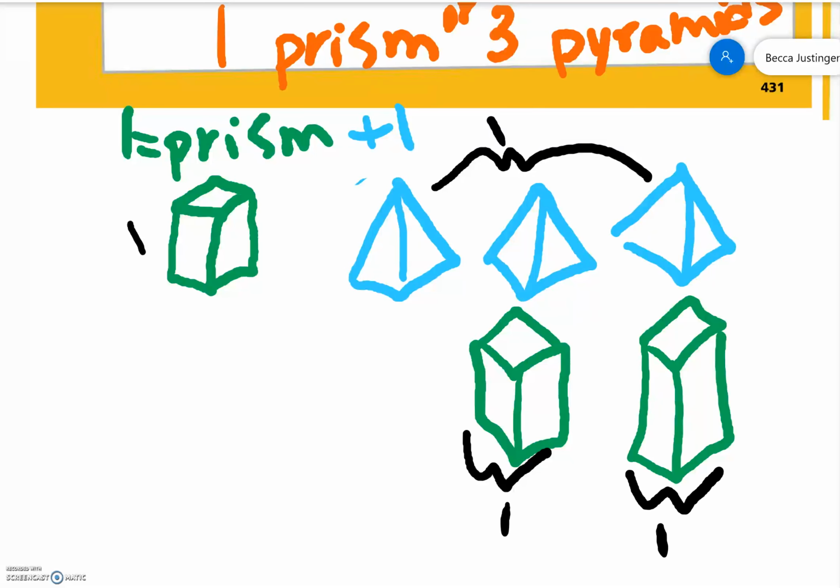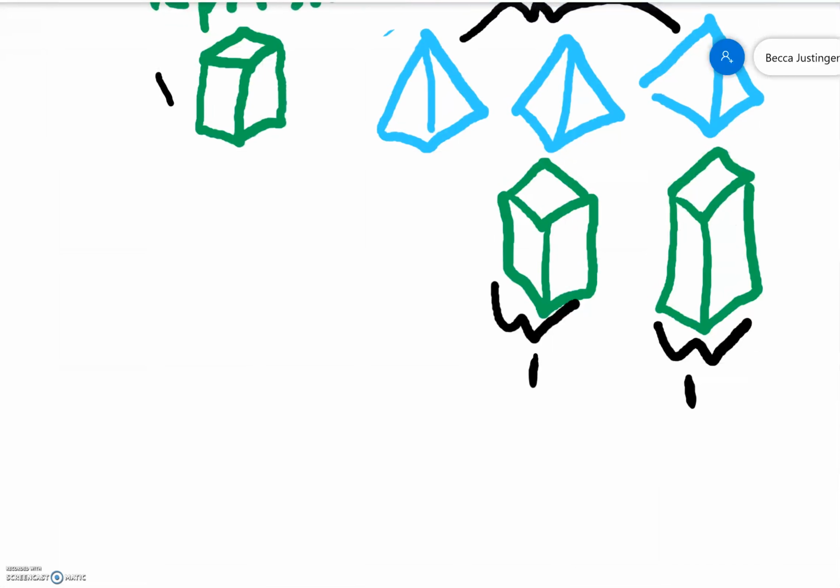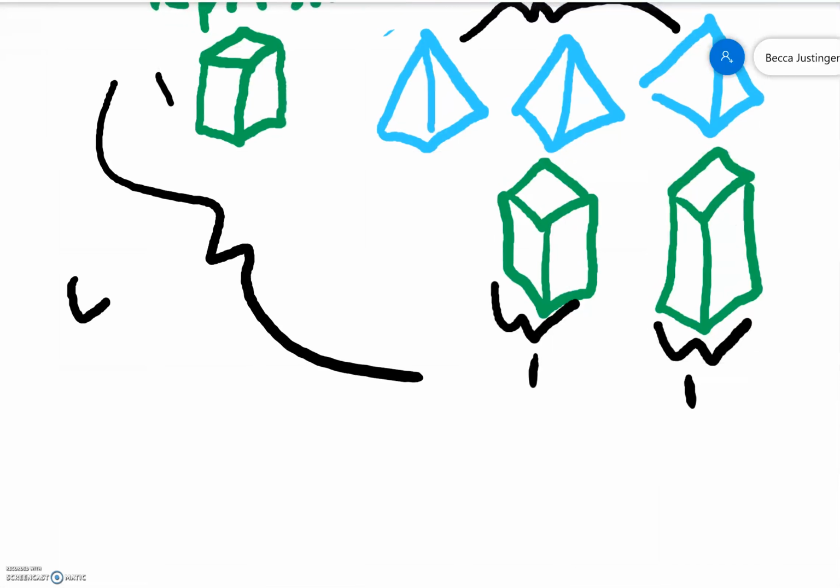So I've used 4 batches to make all this. 1, 2, 3, 4. I could use another 4 batches, which would make 8 batches of prisms. And that would be 3 prisms per 4 batches.